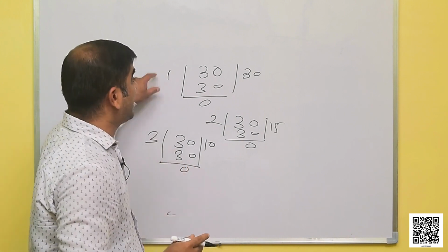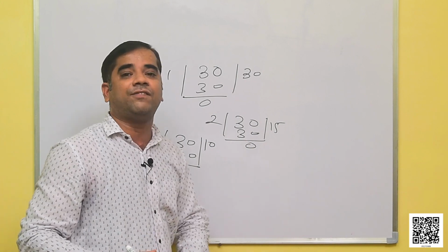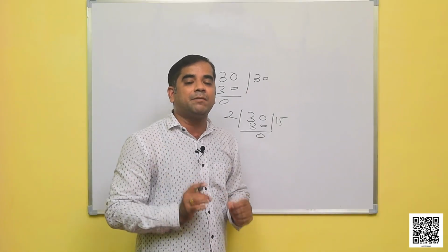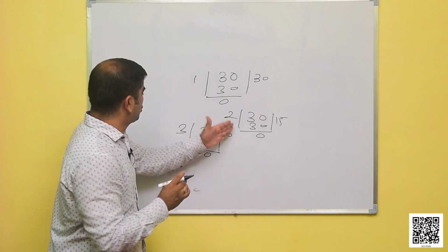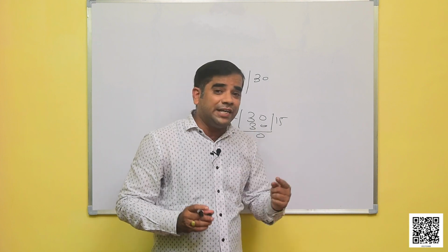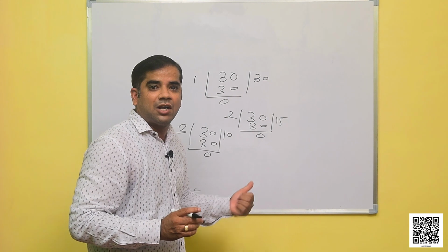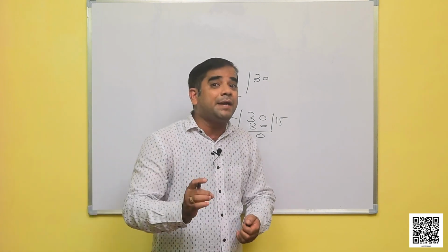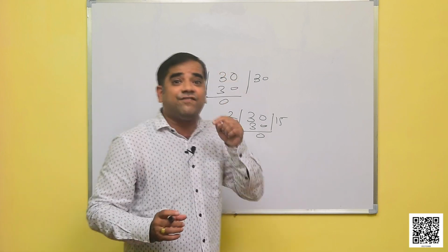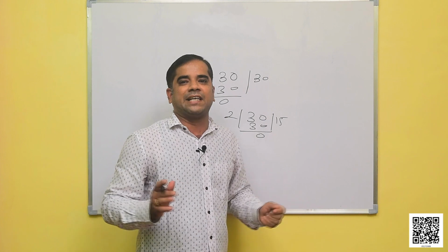We can keep on dividing by many numbers. So those numbers are called the factors of 30, because 30 is completely divisible by all these numbers: 1, 2, 3, 5, 6. The multiplication table of any number in which 30 lies, that number is a factor of 30. We can take so many examples like this.